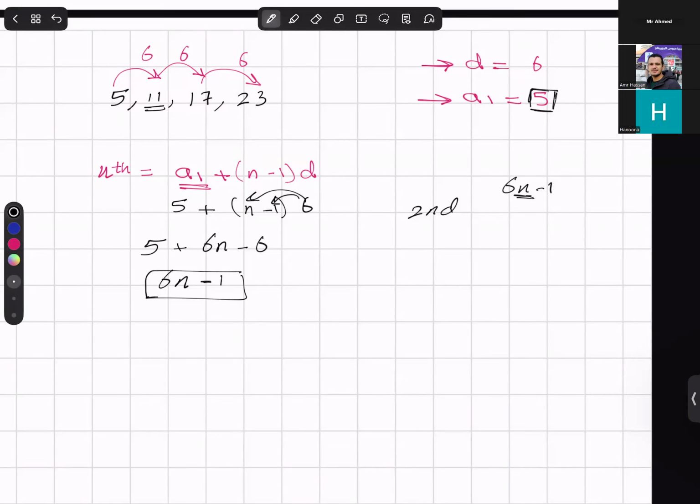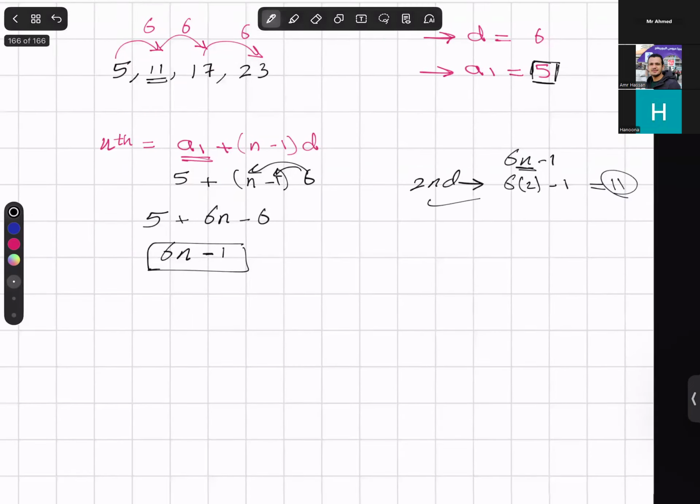If you want to figure out the second term, instead of writing n, I'm going to write 2. If you want the third term, it's supposed to be 3, so 6 times 3. But here I need to figure out the second term, so it's going to be 6 times 2 minus 1, which is 11. Take a look. I think it is the same, so this one's correct.